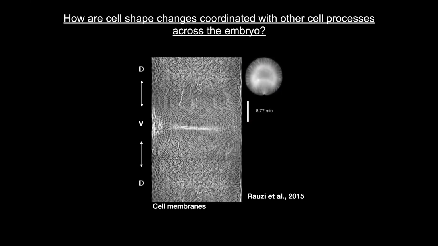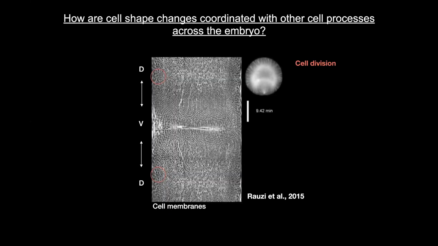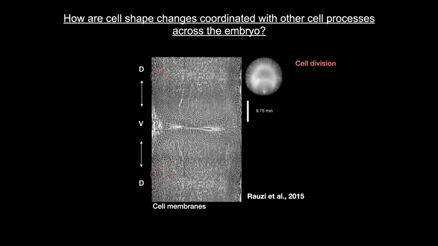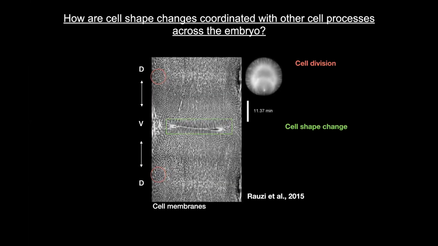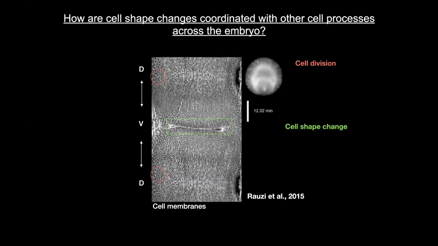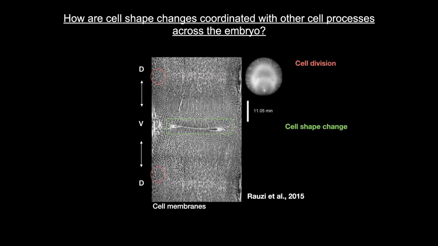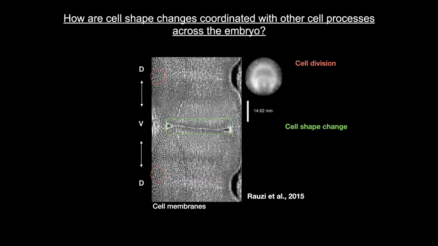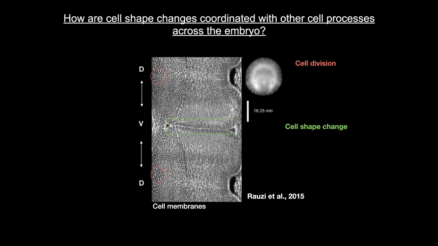The cell divisions I just told you about, the rounding, starts to happen right there. But the mesoderm internalization is happening on the very ventral side of the embryo. It's been shown that the surface area that is lost by mesoderm internalization is in large part made up by these cells rounding up and increasing the surface area of the embryo, although a functional role for that rounding has not yet been shown.